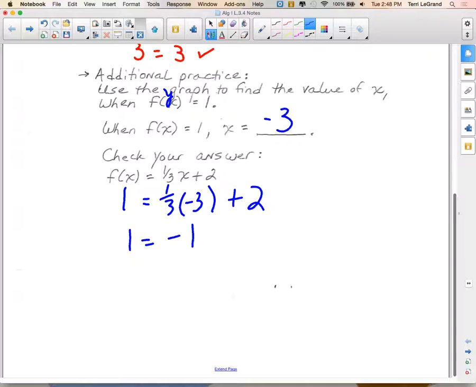And then bring down our +2. 1 is still 1. No reason to rename it. 1 plus 2 is, oh, it's -1. -1 plus 2 is a +1. It checks out, doesn't it? So I should be able to see how you're using your graph, but you're not using algebra to get it. You're using algebra only to check it, right? Questions about that?